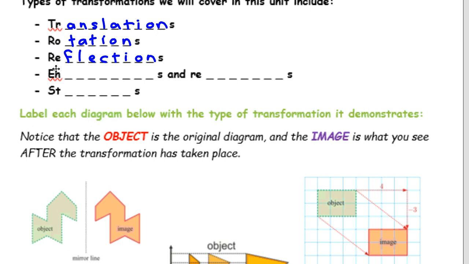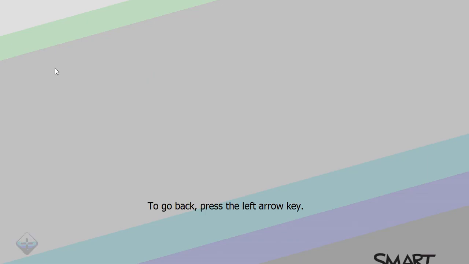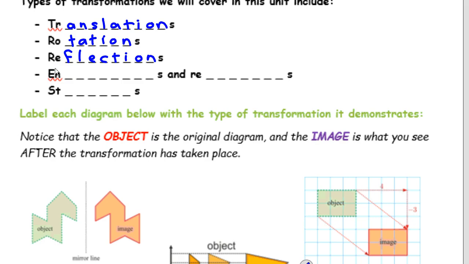Just put the camera again. Enlargements and, so getting bigger and getting smaller, reductions.